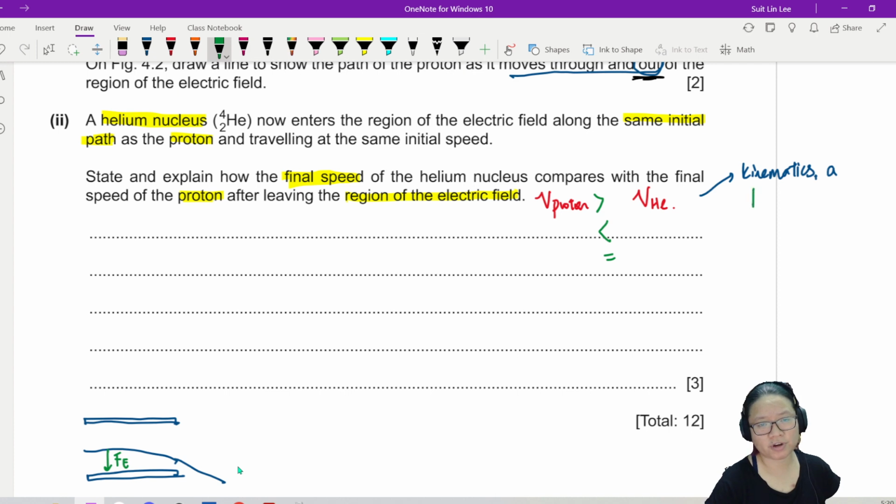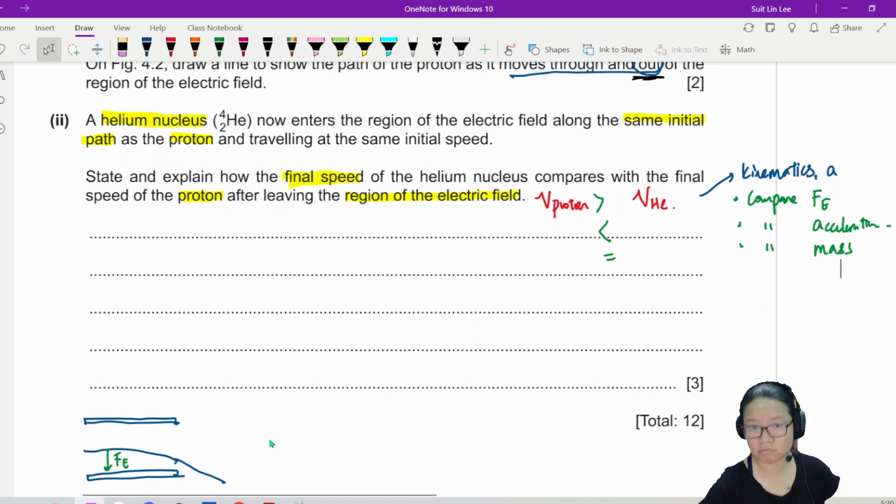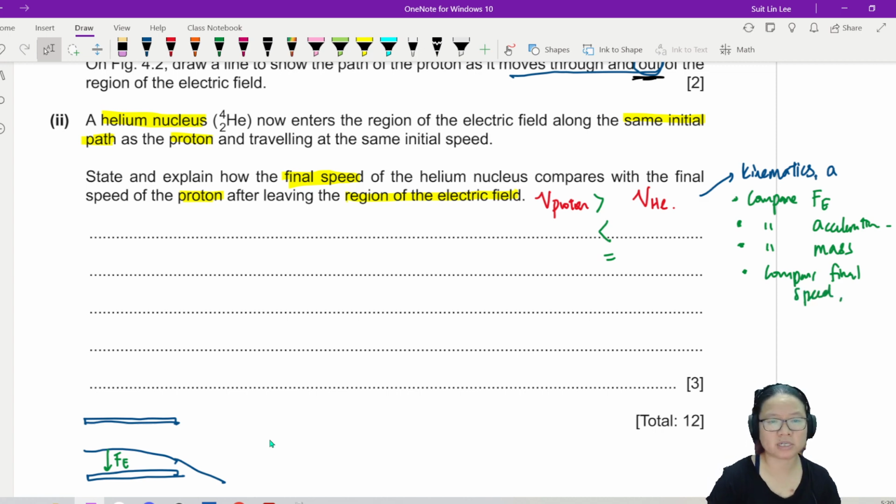So I have to compare electric force, then I can compare acceleration, then I can compare mass, because F equals ma, and the mass of proton and helium are obviously different. Then I can compare final speed. So this is a way to go.